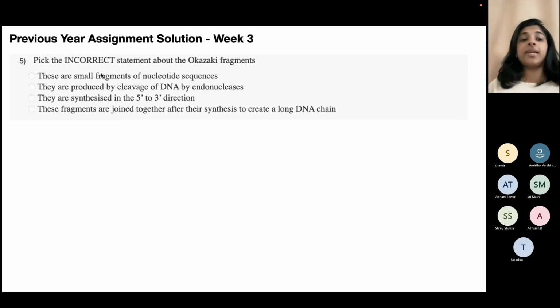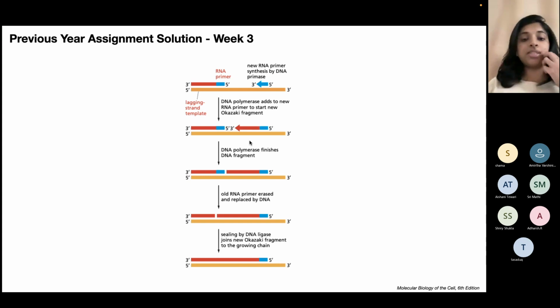The next question was to pick the incorrect statement about Okazaki fragments. Okazaki fragments, we saw previously, are fragments present in the lagging strand. These fragments are synthesized by the DNA polymerase itself, but because it can add nucleotides only in the 5' to 3' direction, small fragments of DNA are synthesized on the lagging strand, and these are later sealed by DNA ligase.